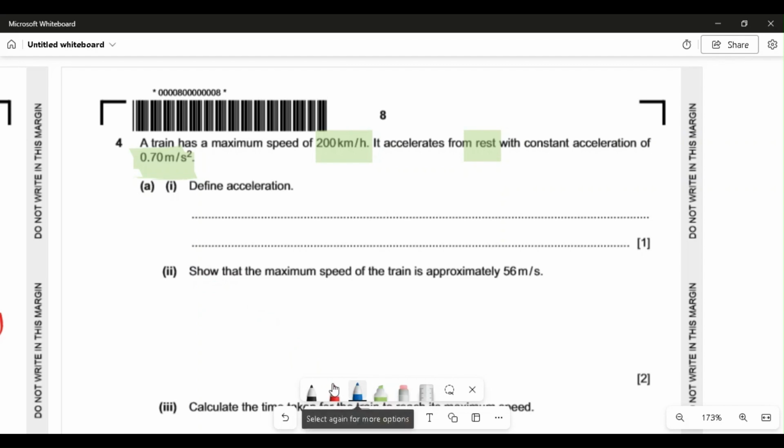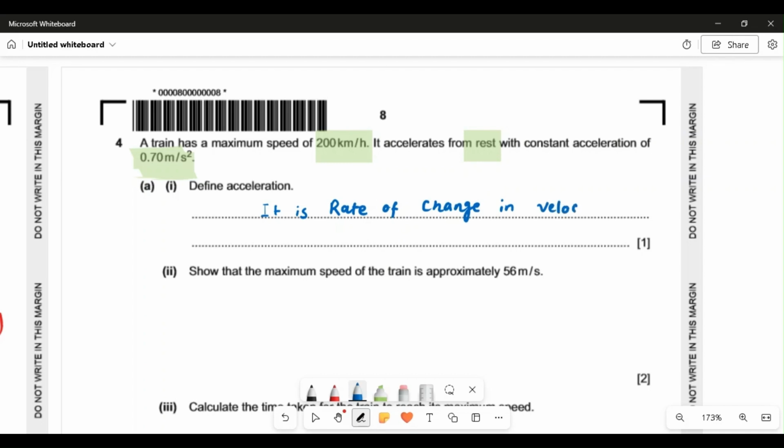First thing first, define acceleration. We are very well aware acceleration is change in velocity over time, but the specific definition you use, we can say it is rate of change in velocity.